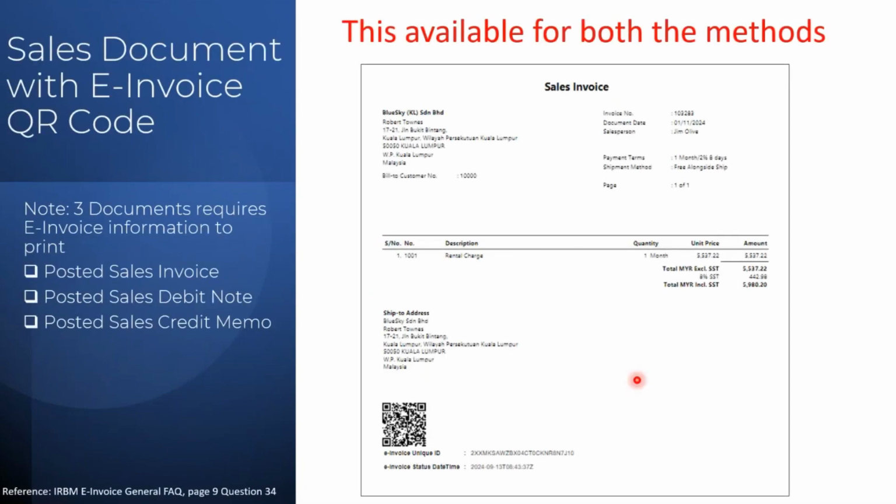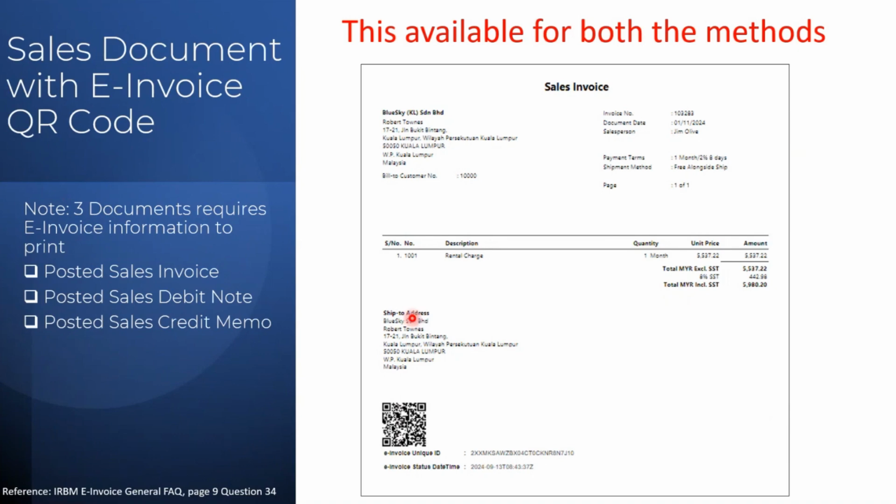Now we mentioned on the package that we offer three documents that are required to add in the QR code. We already have the template for you in our package, but if you would like to use your own design in your system currently to add in the QR code, yes, you can do so.